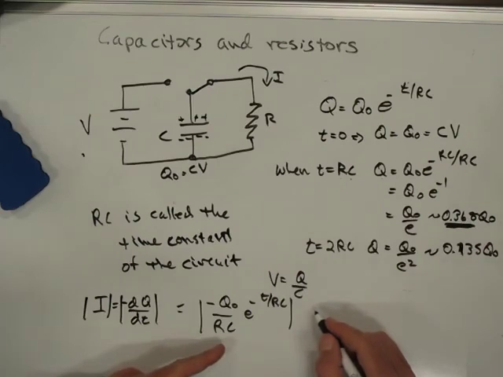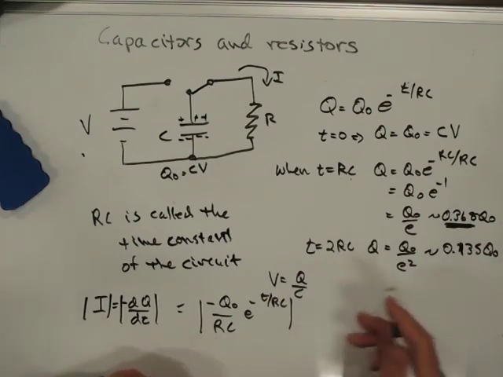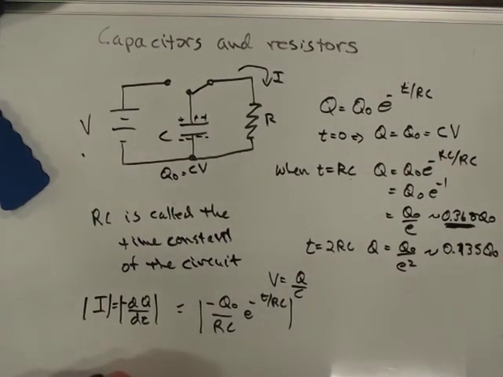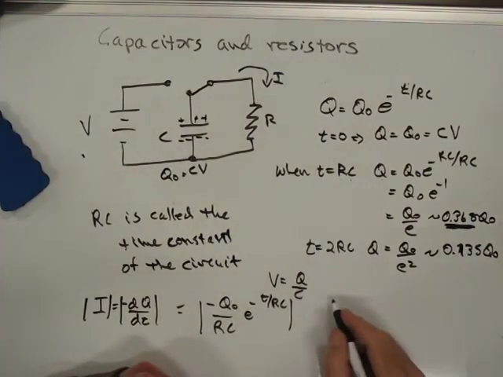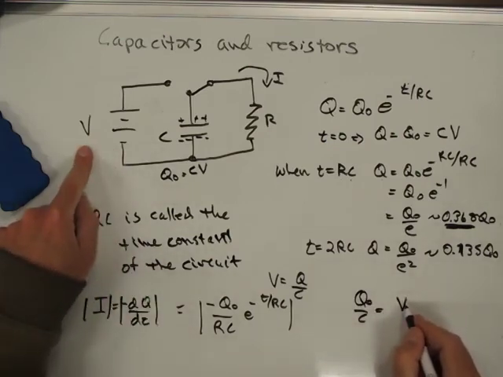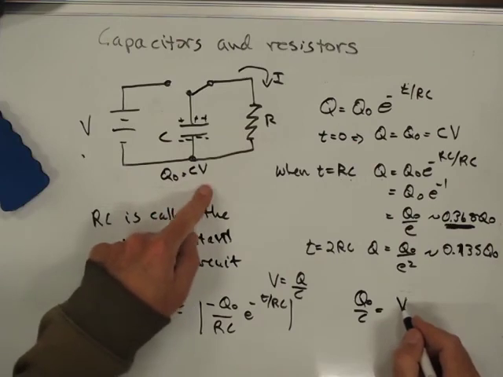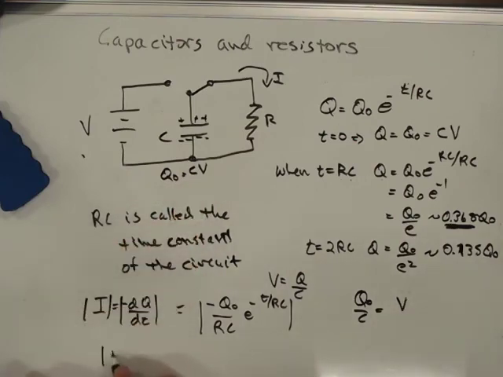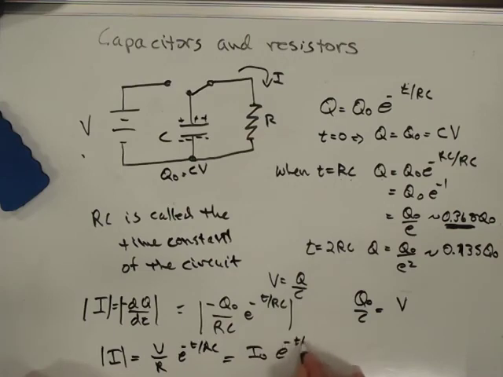And so, Q naught over C is just equal to V, the voltage on the battery, right? And so the magnitude of the current in the capacitor has almost the same relationship. It's V over R times e to the minus t over RC, or you can call it I naught e to the minus t over RC.